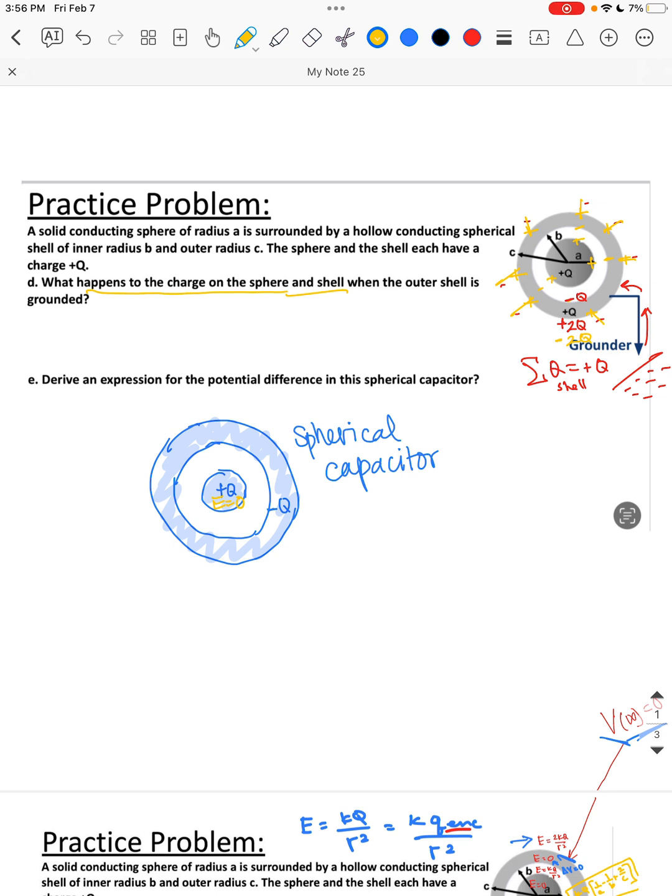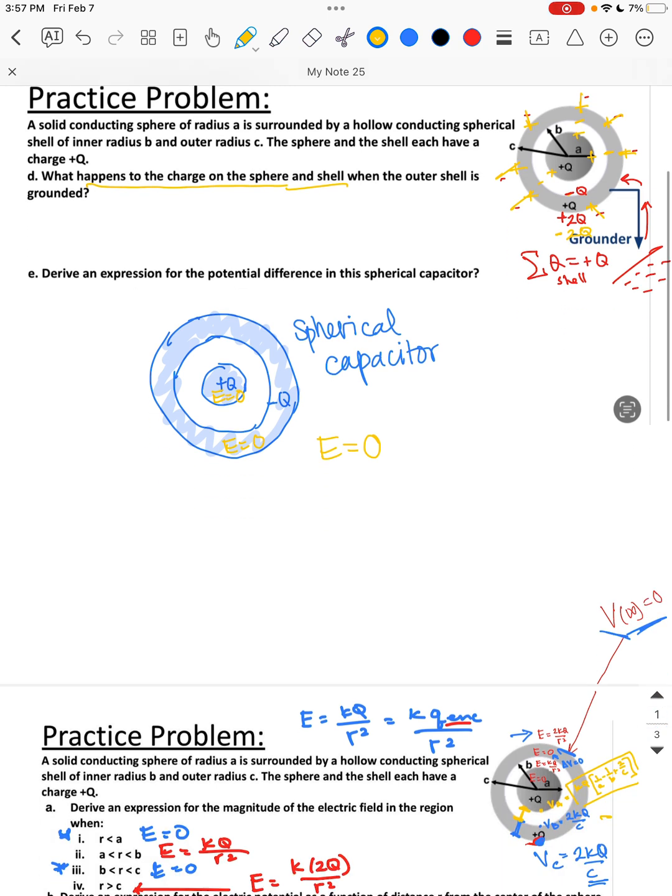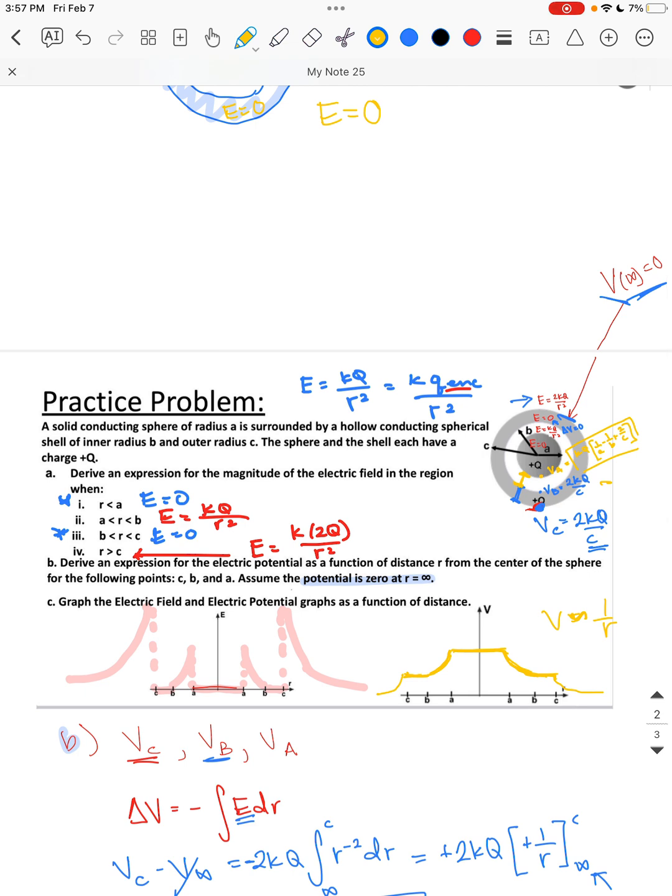But what electric field do I have on the outside? Well, we have to think about our Q enclosed. Our Q enclosed is 0, so our electric field is 0. I also have a conductor here, which has an electric field of 0. That simplifies our equation a lot more than what we worked with when we had two positive charges.